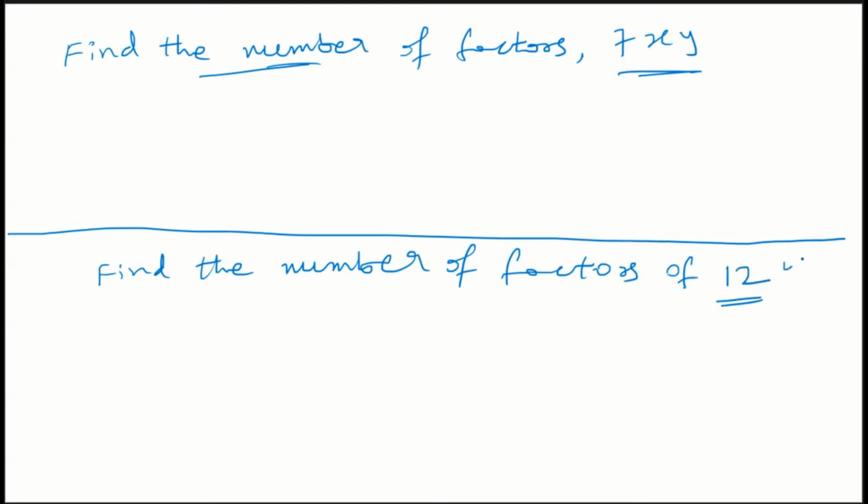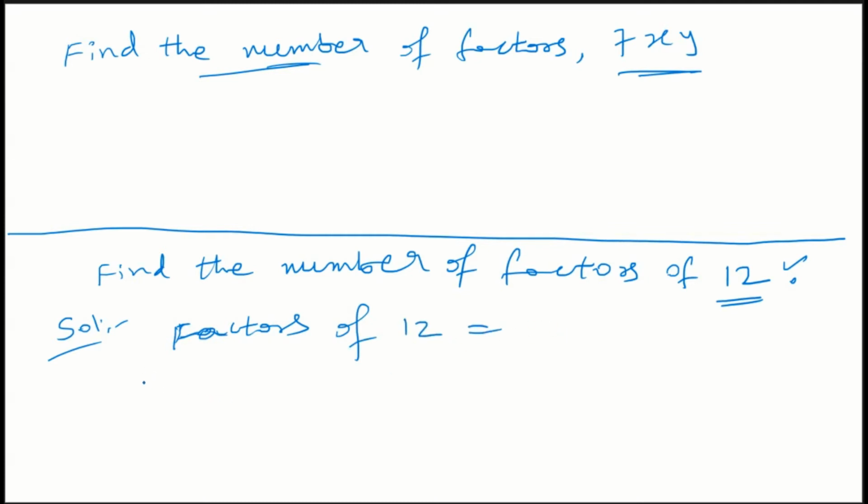I have taken a number 12. How to find the number of factors? So for that, before I go for finding the number of factors, I will find out the factors of 12. You know how many factors are there for 12? If you want to find it, first we need to find out the factors of 12. What are the factors of 12?